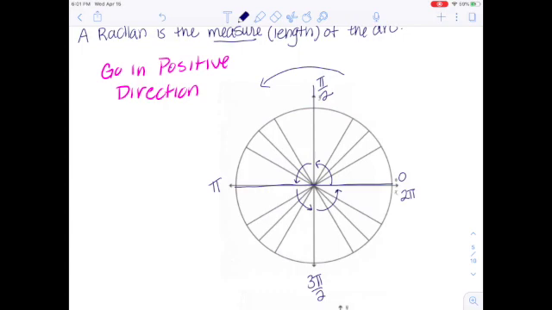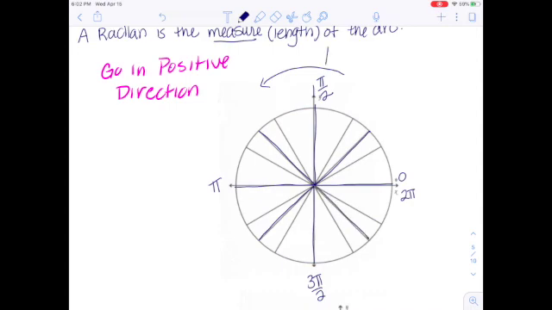Now, we're going to do the same thing with our other radian measures. So if you want to look at your pi over 4, you want to think, where would that be? I'm going to erase a little bit. Take a look at this measure right here. We're going to cut up our unit circle into eighths, pretty much.